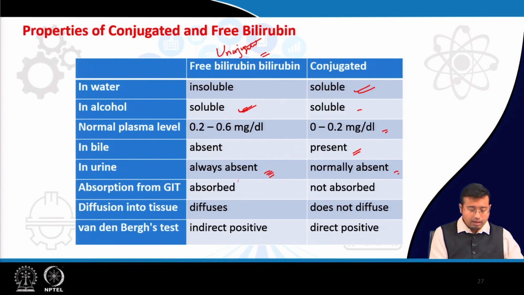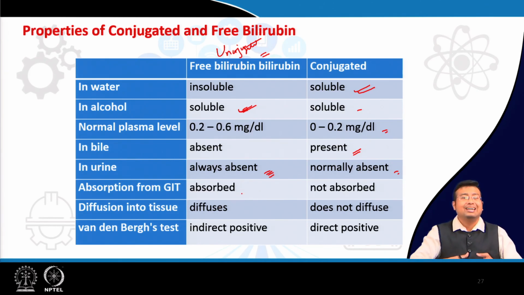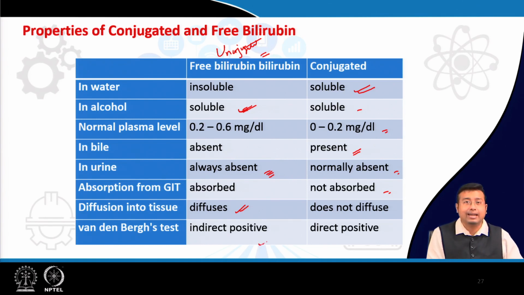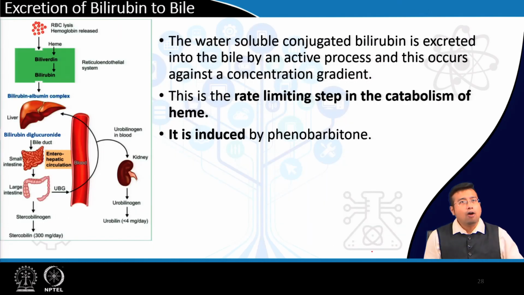Next, regarding absorption from the GIT, unconjugated bilirubin has been shown to be absorbed from the gut, but not conjugated bilirubin. Unconjugated bilirubin is lipophilic and diffuses, and in the Van den Bergh reaction, it gives an indirect positive and conjugated gives a direct positive.